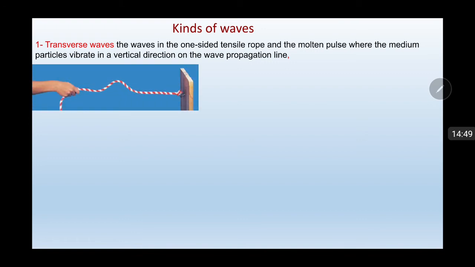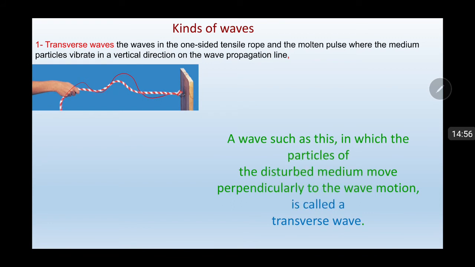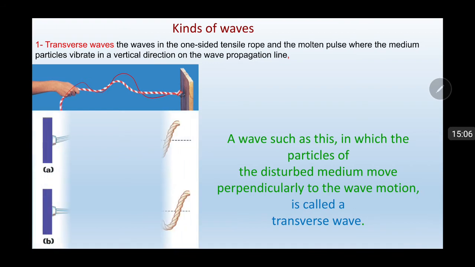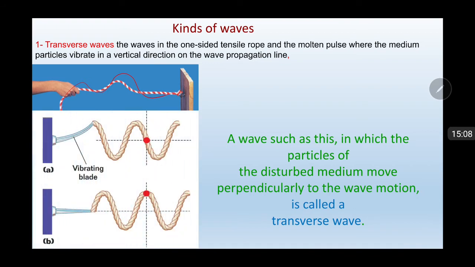Look at a wave such as this, in which the particles of the disturbed medium move perpendicularly to the wave motion. This is called a transverse wave. The shape looks like a zigzag.